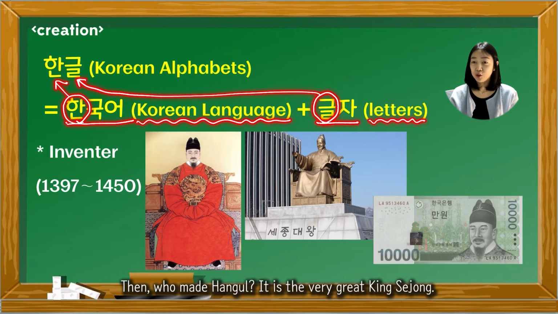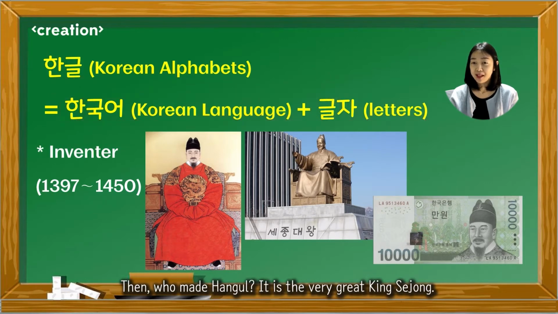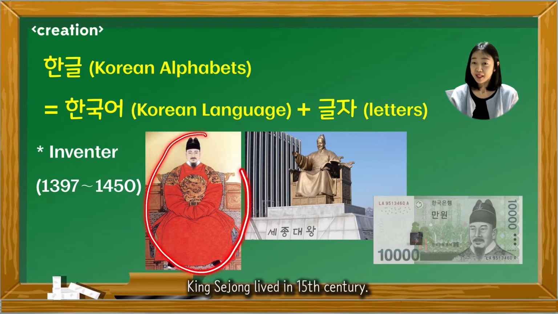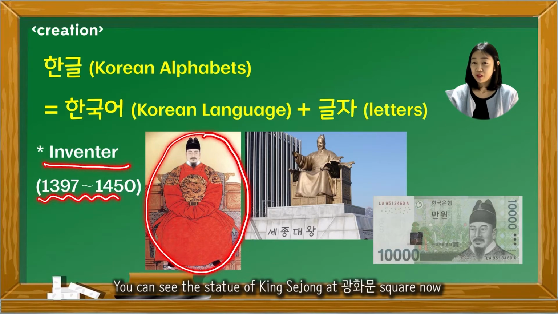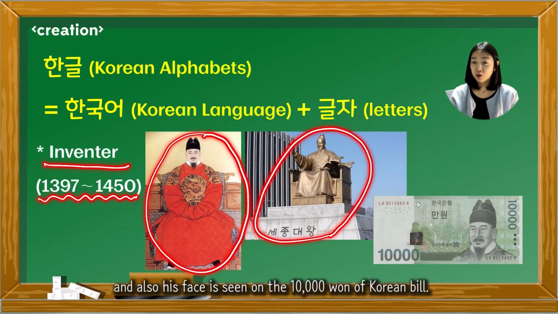Then, who made Hangul? It's the very great King Sejong. King Sejong lived in the 15th century. You can see the statue of King Sejong at Gwanghwamun Square now, and also his face is seen on the 10,000 won Korean bill.